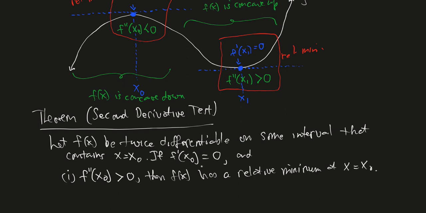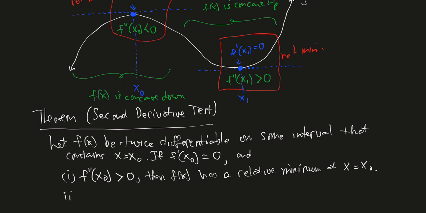Again, first derivative evaluated at that point is equal to 0, second derivative evaluated at that point is positive. When those two things happen, the only possible conclusion is that that critical value is a relative minimum. In fact, that's the one we see right here.